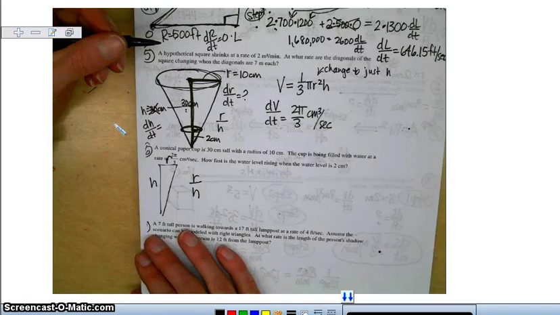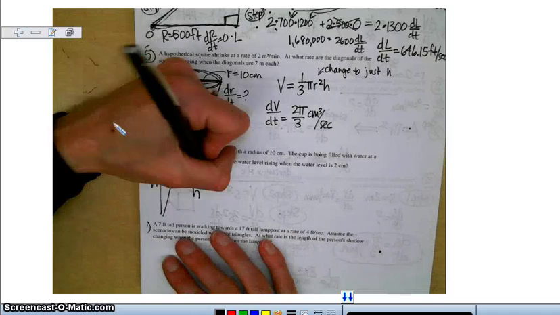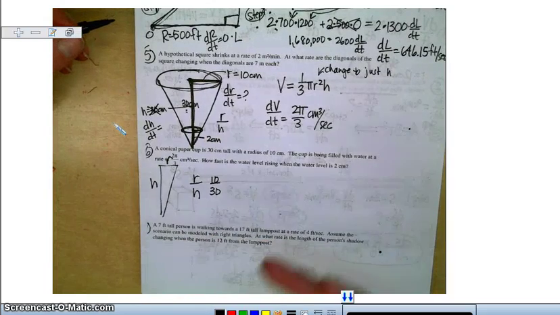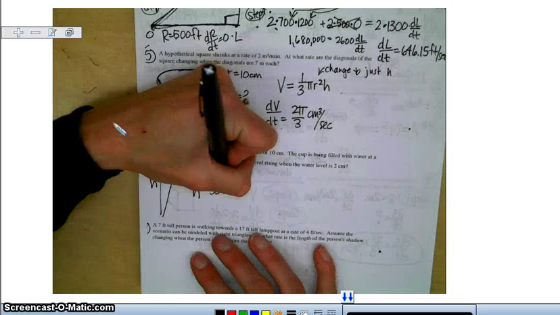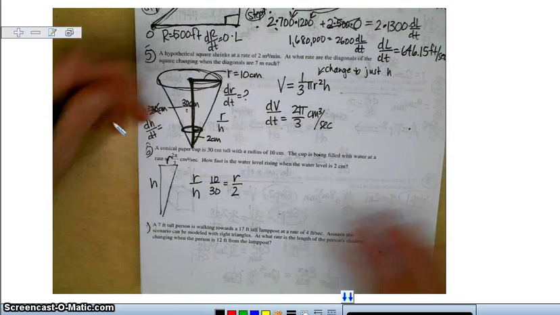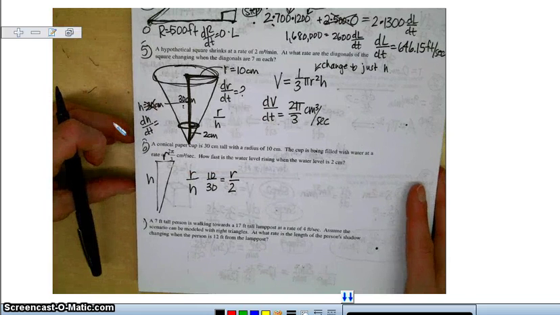Okay, well, what's our main radius and height? Well, that's 10 over 30, correct? What is our similar triangle's height that we are dealing with? 2, and we don't know the radius, correct? Okay.